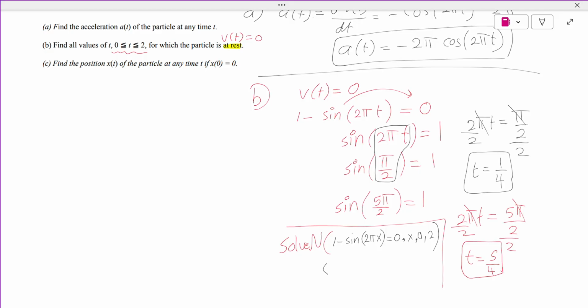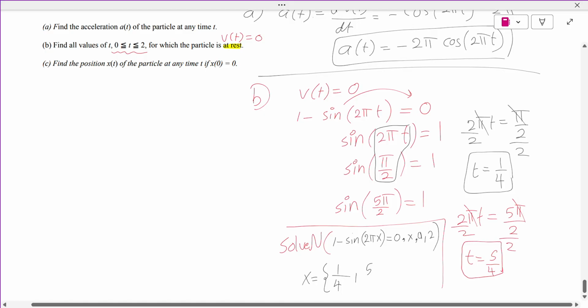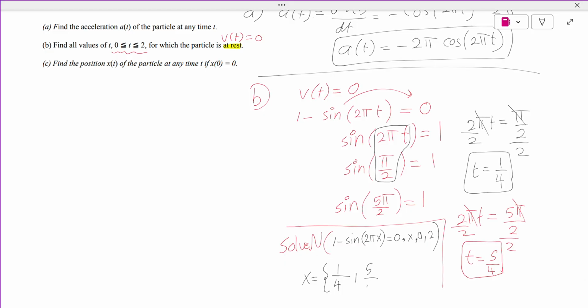So you will get x equals 1 over 4 and 5 over 4. Both are between 0 and 2. Okay, so this is A and B.